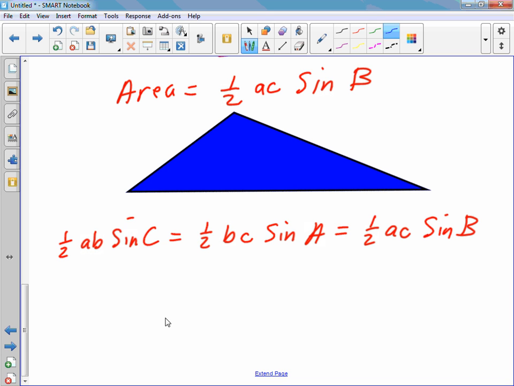What are like terms? What's the easiest low-hanging fruit like term? The halves. So let's just divide everything by half or multiply by the reciprocal 2. It doesn't matter. Same thing. Then, what does that leave me with, Heaven?